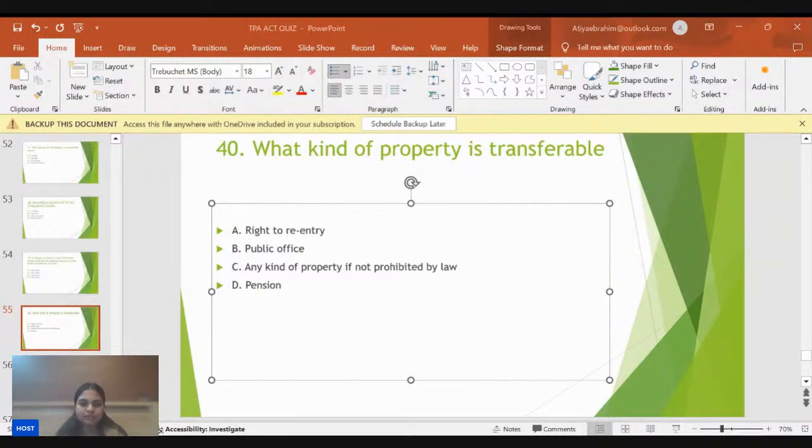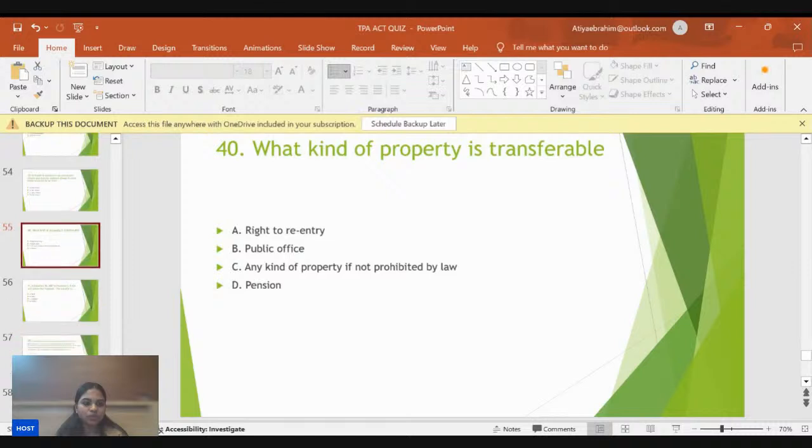Very good. Any kind of property if not prohibited by law. तो काफी बार students get confused कि प्रॉपर्टी इज ट्रांसफरेबल या नॉट ट्रांसफरेबल ऐसे लिख दिया, और फिर उनको लगता है कि अरे क्या है. तो ध्यान देना कि यहाँ पे क्या लिखा है, ट्रांसफरेबल प्रॉपर्टी लिखा है या नॉट ट्रांसफरेबल लिखा है.